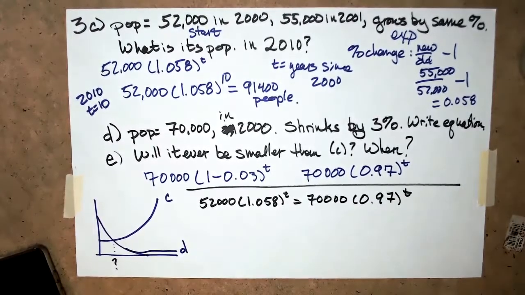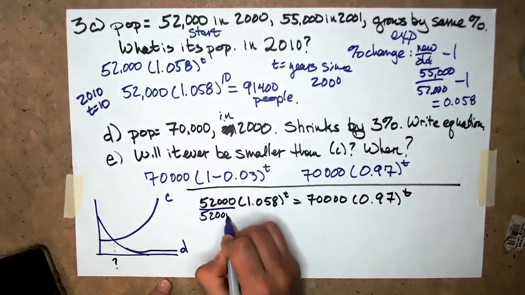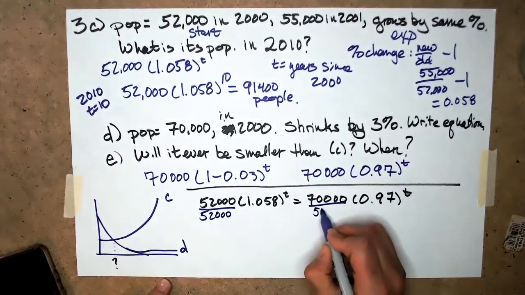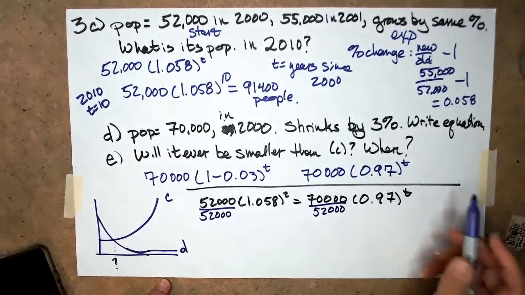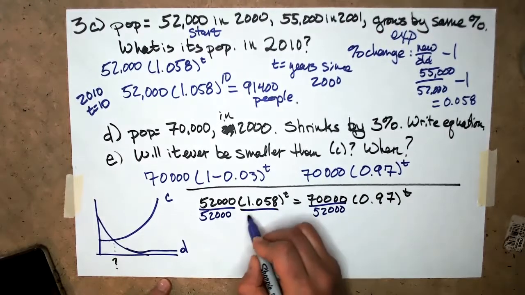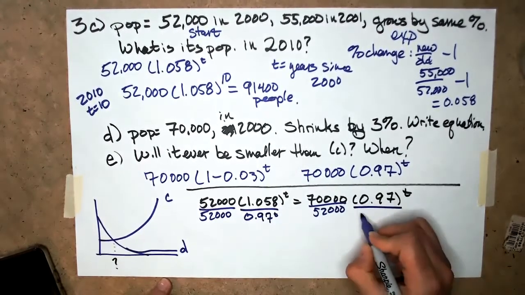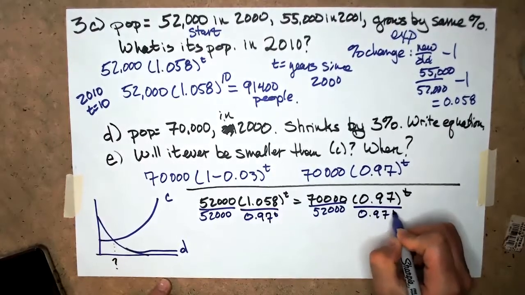And okay, what am I going to do? I'm going to get the numbers to one side, the to the tth power to the other side, and then I'm going to hack my way through the algebra. So divide both sides by 52,000. I know I'm going to need to use logs because I've got t's up in the exponent. I'm going to divide both sides by the 0.97 to the t to clear out that.